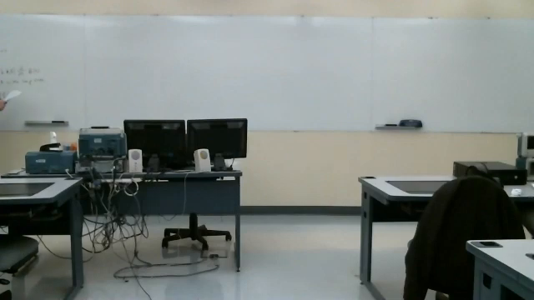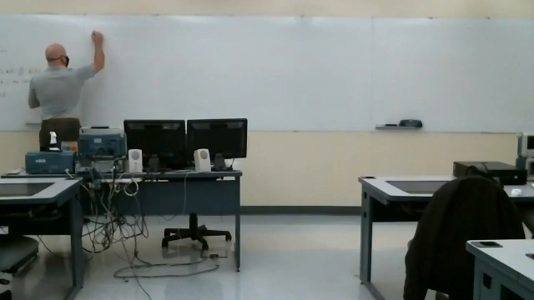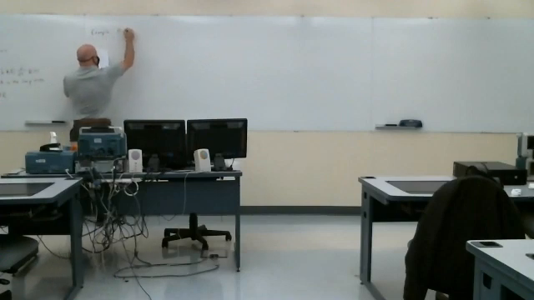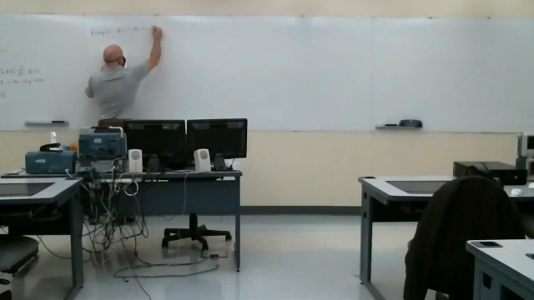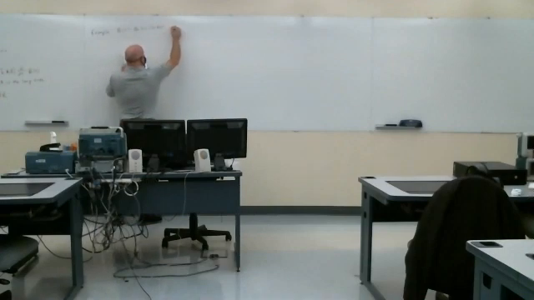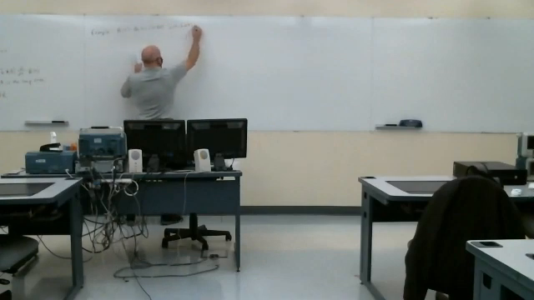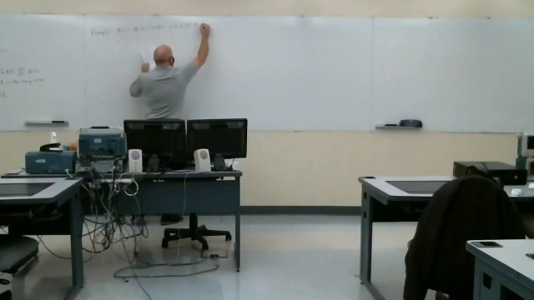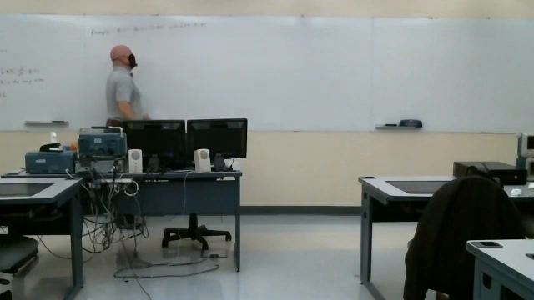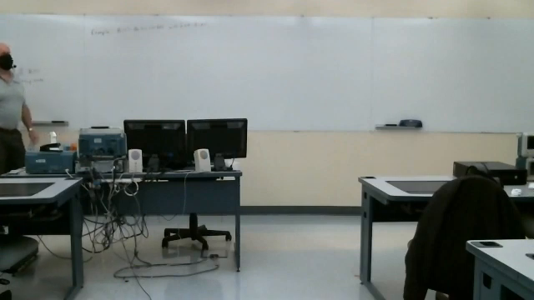So here's a simple example that would apply in this case. I'm assuming that the B field is sinusoidally varying, and that we've got a circular loop of radius A that's aligned with the field.